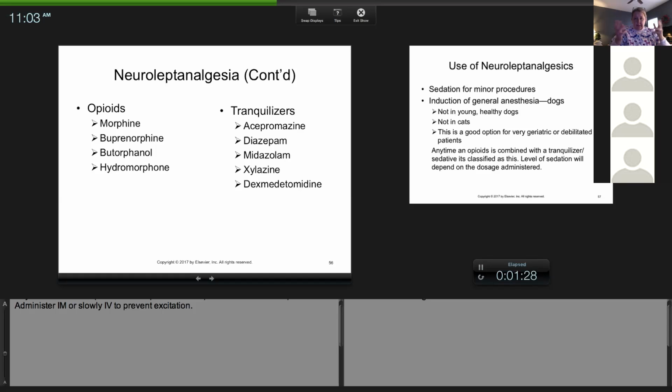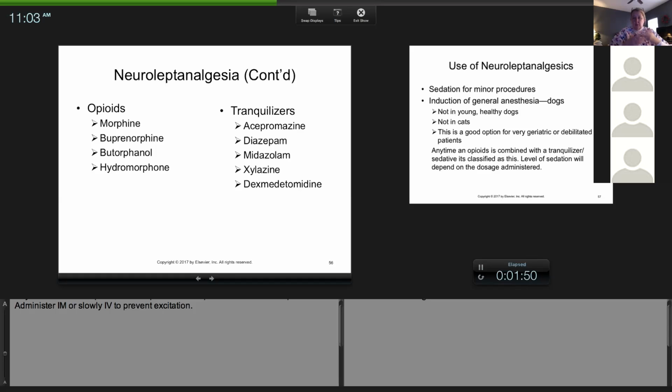That's technically a sedative neuroleptanalgesia. But in certain cases, especially a very debilitated patient, I've done hydromorphone and diazepam before, both IV. You have to give them separately, and in a higher dose, they can actually induce anesthesia.